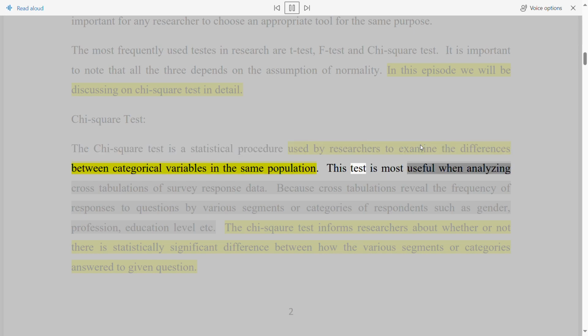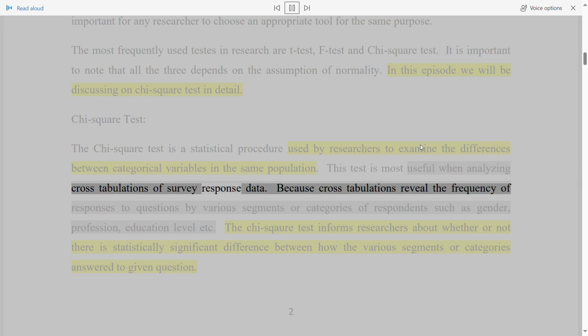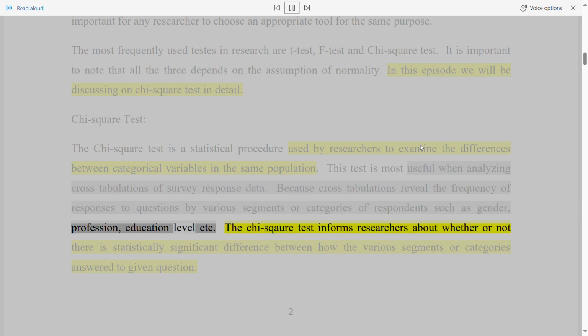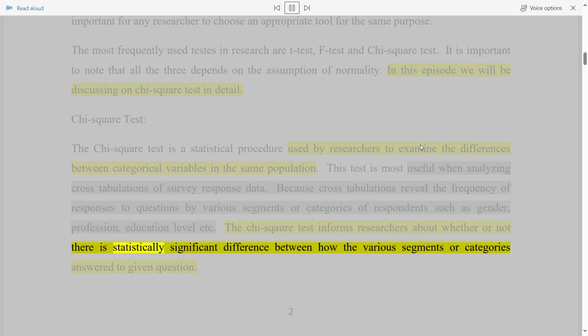This test is most useful when analyzing cross-tabulations of survey response data, because cross-tabulations reveal the frequency of responses to questions by various segments or categories of respondents such as gender, profession, education level, etc. The Chi-Square test informs researchers about whether or not there is a statistically significant difference between how the various segments or categories answered a given question.